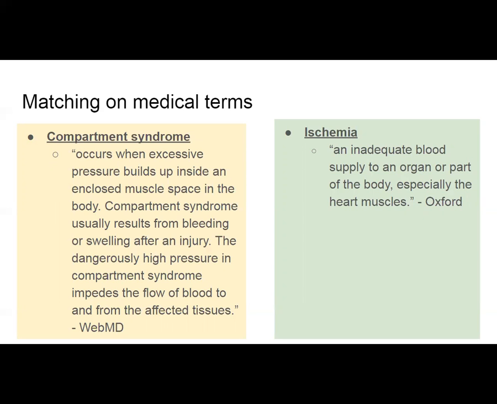Whereas ischemia, Oxford defines it as an inadequate blood supply to an organ or part of the body, particularly your heart muscles. Even though your heart pumps blood, some of that blood has to actually go to the muscle tissue in the heart and keep it going. Ischemia and compartment syndrome are not the same thing.